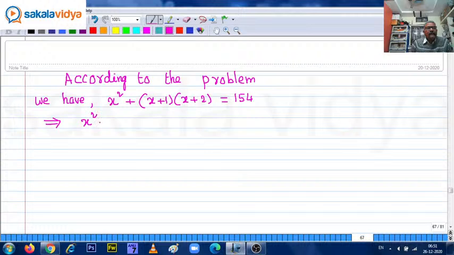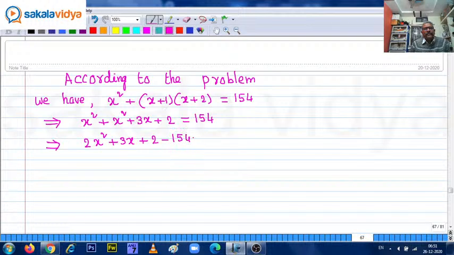x square plus (x + 1)(x + 2) means x square plus 2x plus x, that will be plus 3x. I am writing directly, 1 into 2, equal to 154. So now x square plus x square, 2x square plus 3x plus 2 minus 154 equals 0. Let us simplify. 2x square plus 3x minus 152 equals 0.